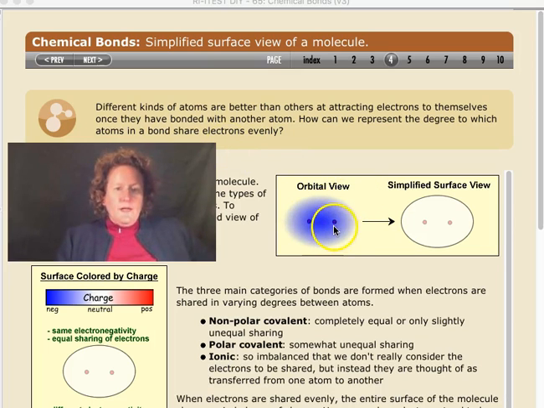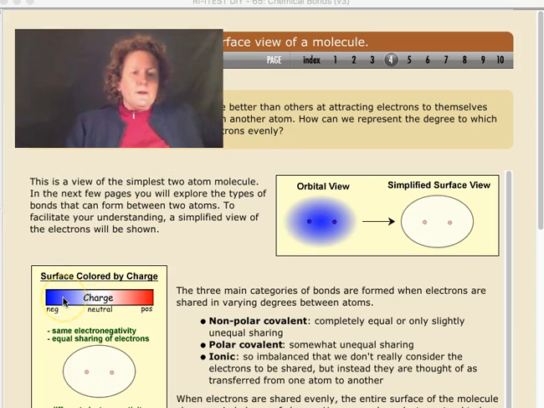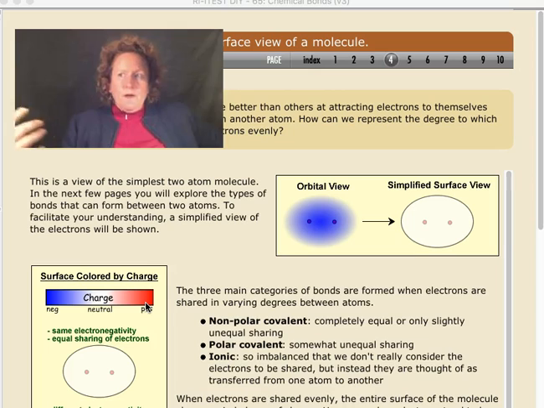So here's a way of showing something that's shared evenly. And then we can get to a place where we show charges using this scale here, where a negative charge, or the presence of more electrons, or an area where electrons hang out more frequently, is blue, and an area where there's sort of a lack of electrons, or a lower probability of finding an electron, we'll color red.